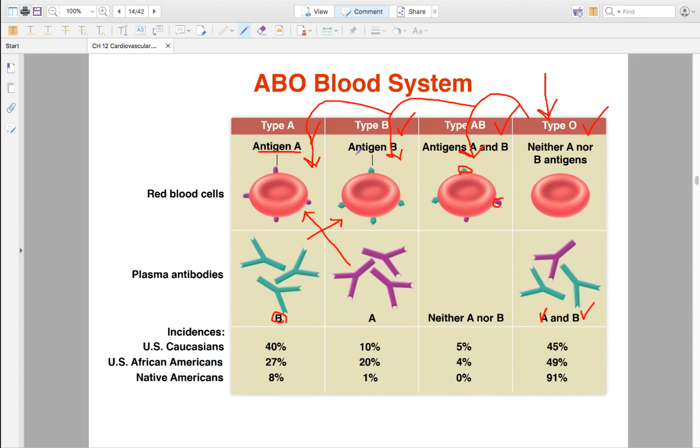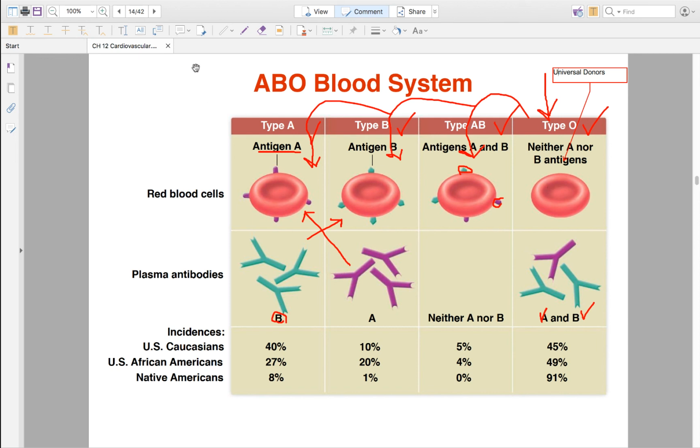So they're universal donors, people with O blood type. But they can only receive O.